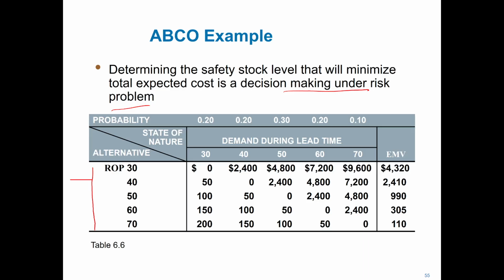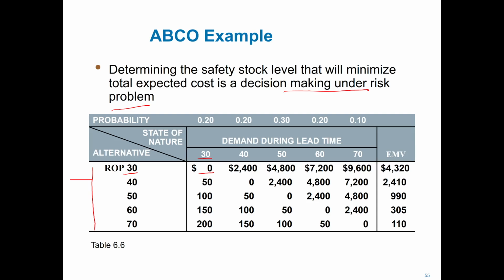So for example, let's look at row 1 over here, ROP 30. We keep 30 units during the lead time. Then if the demand is 30 units, we will not have either the stock out or any holding cost for extra units, because we are keeping 30 units and 30 demand is there, so no extra cost coming here.